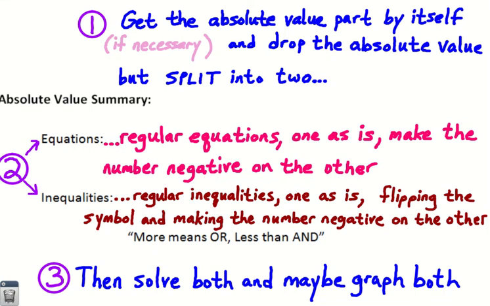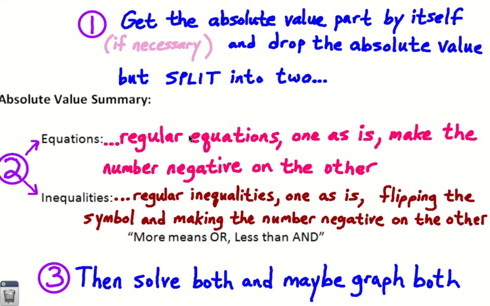And what we have here is a pretty good, very wordy summary, just wrapping it all up. Your first step is to get the absolute value part by itself, if necessary. Then you split into two regular equations or regular inequalities.